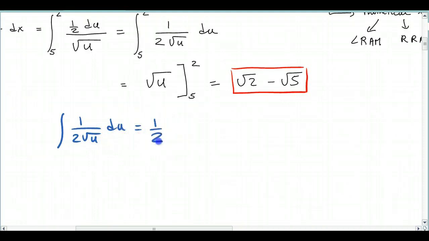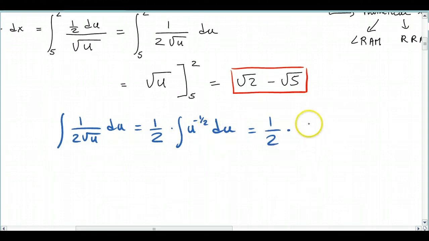I'm going to take the 1/2 out, and I'm going to write u to the negative 1/2 du, and let's apply the formula. That's 1/2 times 1 over 1 plus negative 1/2 times u to the negative 1/2 plus 1, plus c.